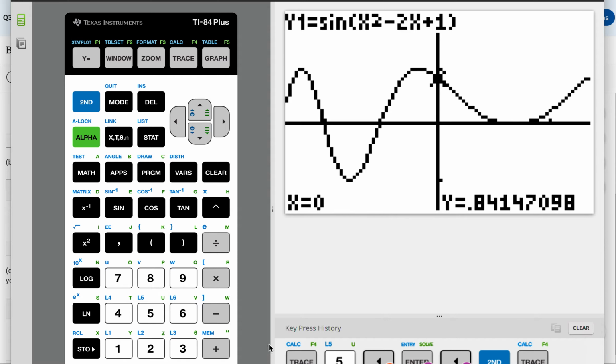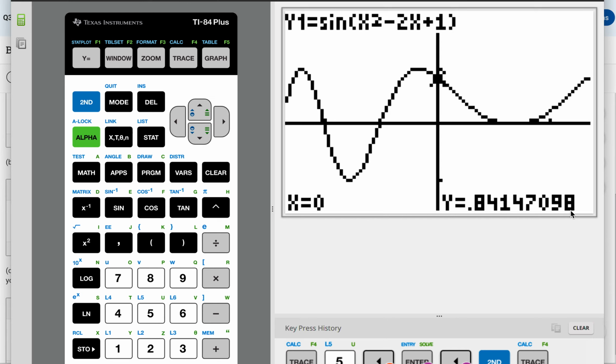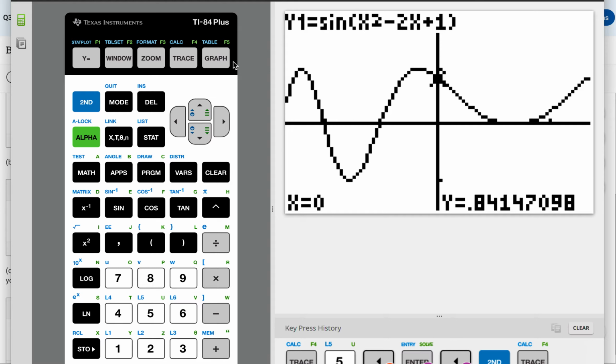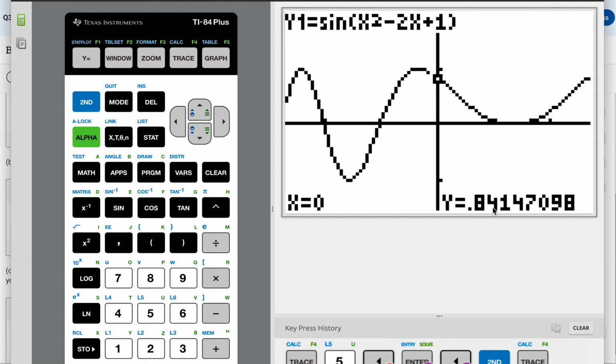When I hit enter, that's the actual value. That is my slope of that line, 0.841. So if I type that into an equation, then I will get, in point slope form, y minus 4 equals 0.841 times x minus 0. That's just 0.841x.